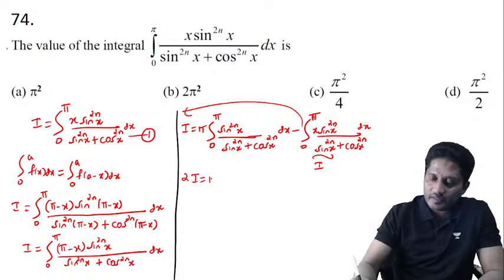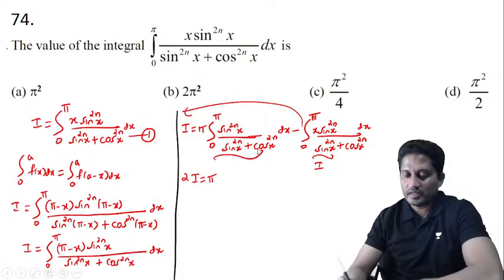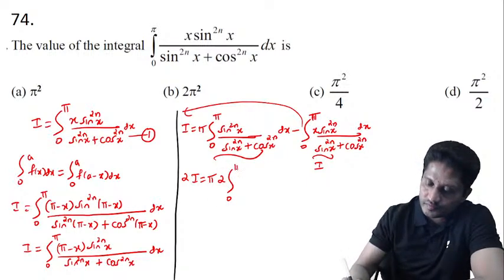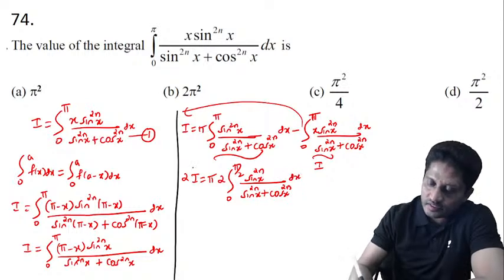2I is equal to pi times this value, this property. If I multiply by 2, I can write this as 2 times integration from 0 to pi by 2 of sin x to the power of 2n divided by sin x to the power of 2n plus cos x to the power of 2n. Right, 2 and 2 cancel.